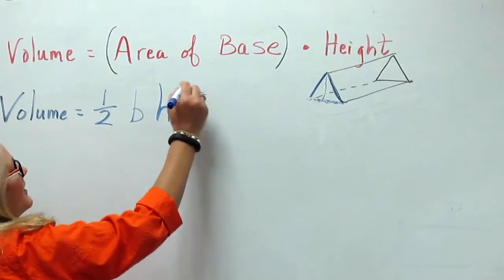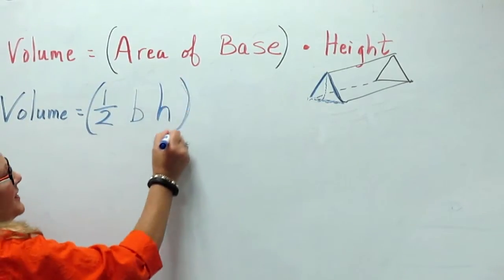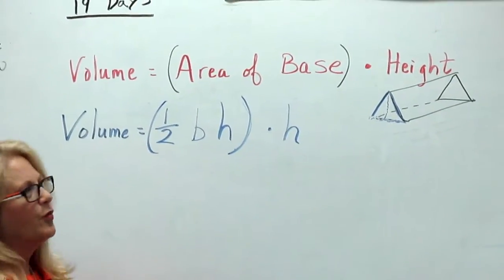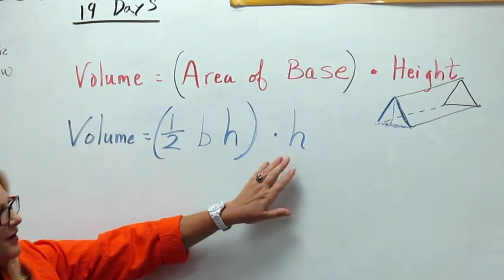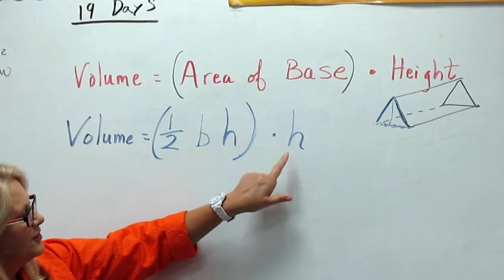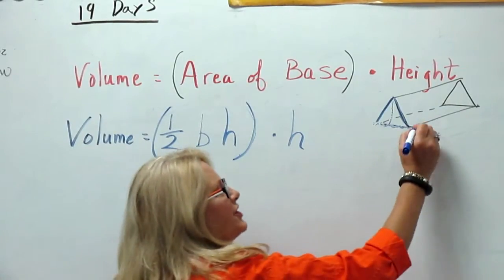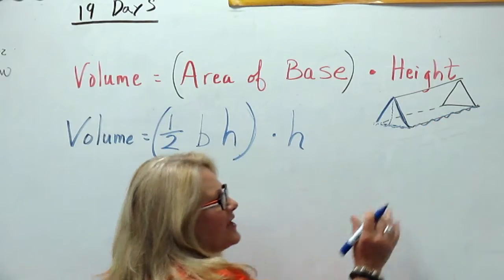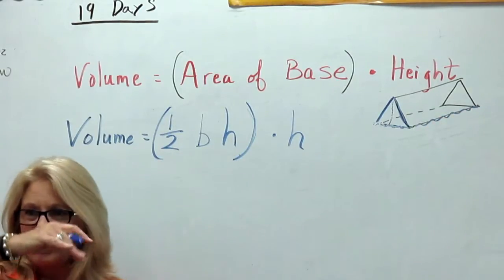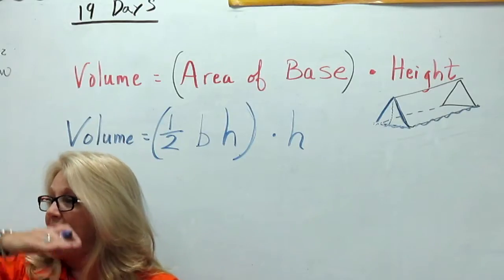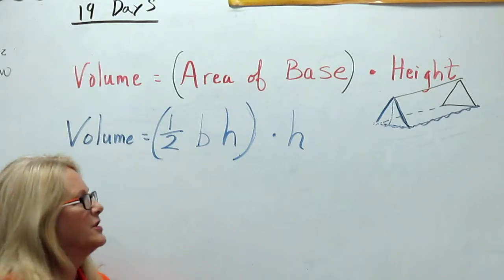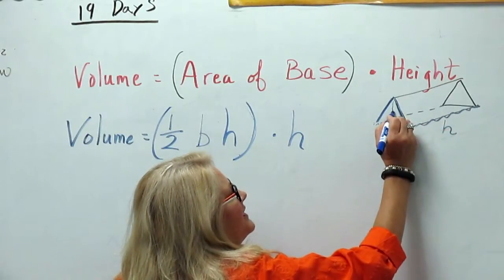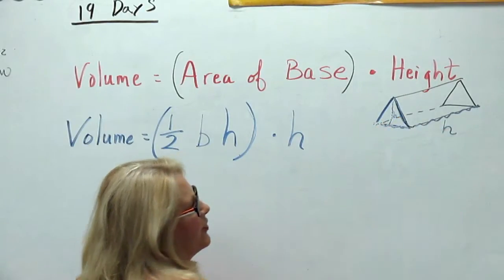Then our last part of our formula says take all of this and then times it by the height. Well, when it talks about the height of the last shape, they're talking about this line segment that if I stood it on my desk actually gives the tallness, the height of the entire object. So this is your second H in the formula, and this is the first H in the formula.